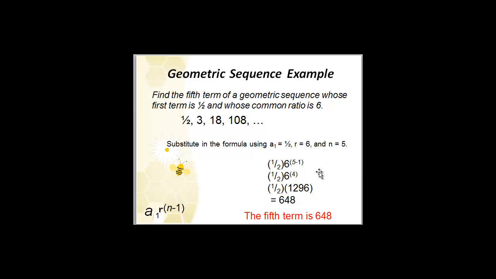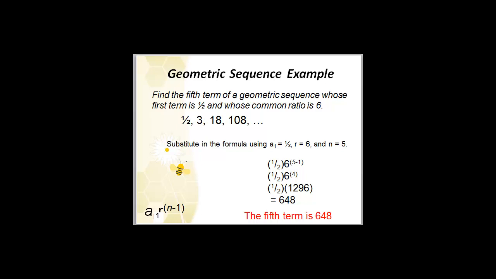So we're going to substitute in the formula. For a, we're going to do 1/2. For r, we're going to do 6. And for n, we're going to do 5. So this is what our formula here looks like. So again, we're going to follow the order of operations. Go ahead and do what's in parentheses first. So this one really, we're just going to subtract 1 from 5, and that gives our exponent now is a 4.